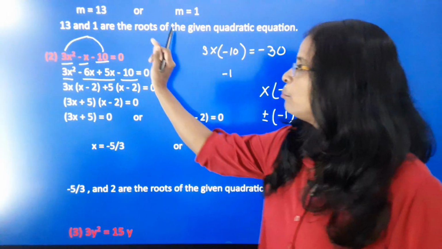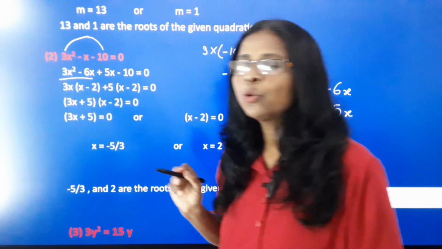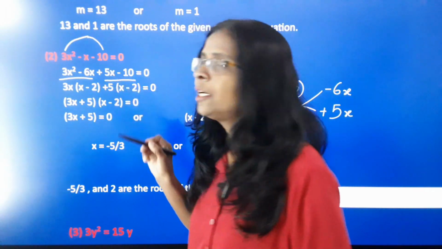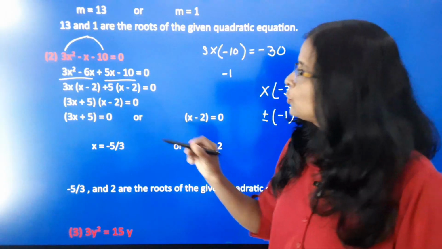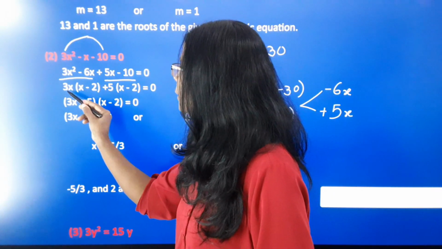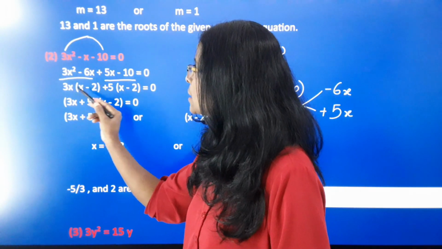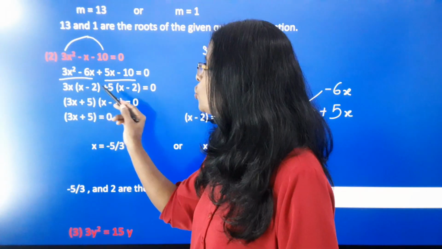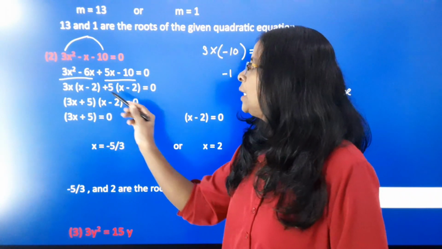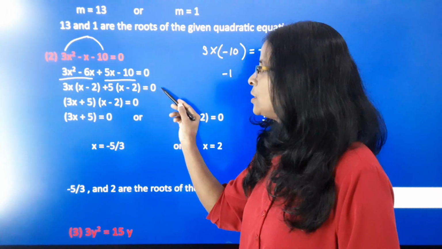Now students, make two groups: the first group for the first two terms and the second group for the third and fourth terms. The common from the first and second terms will be 3x, in the bracket x minus 2, and the common between the third and fourth terms is 5, so 5 multiplied by x minus 2 is equal to 0.